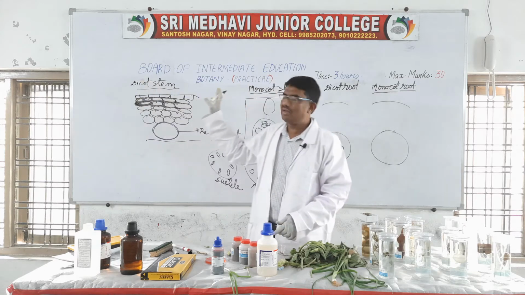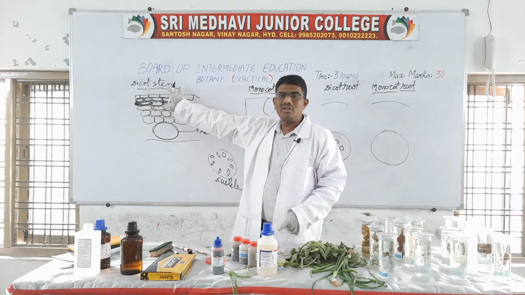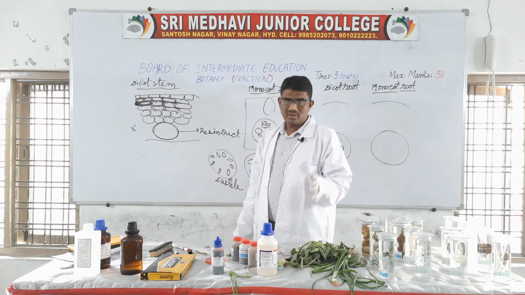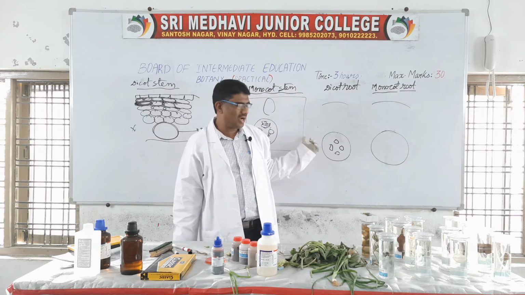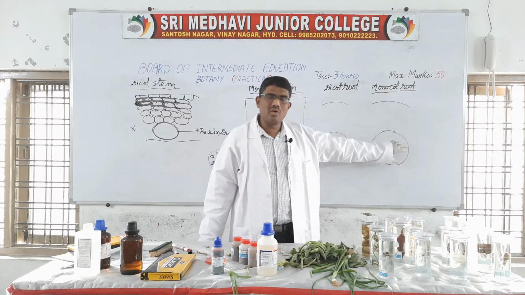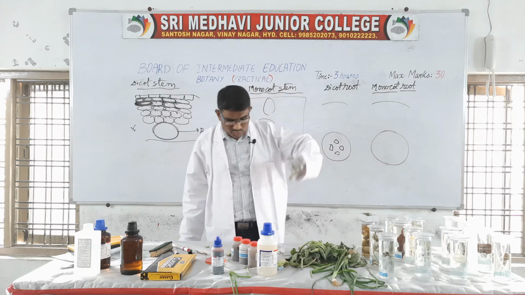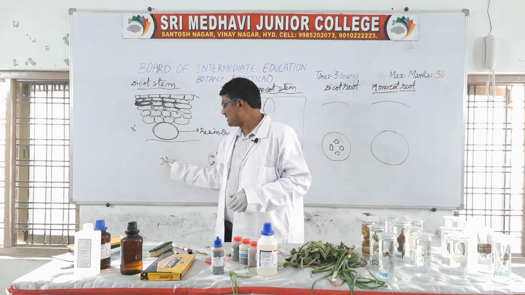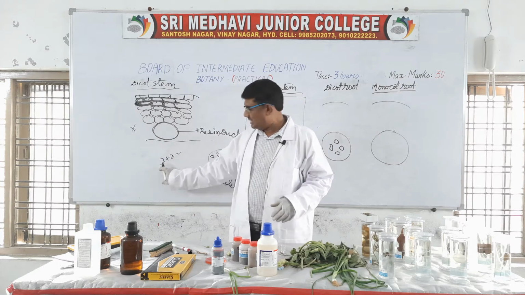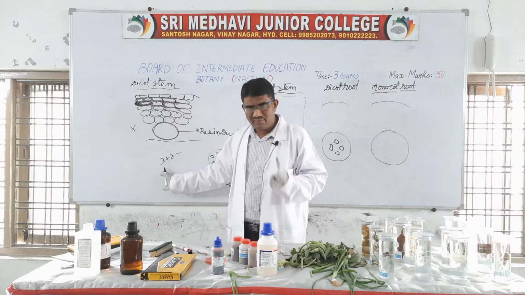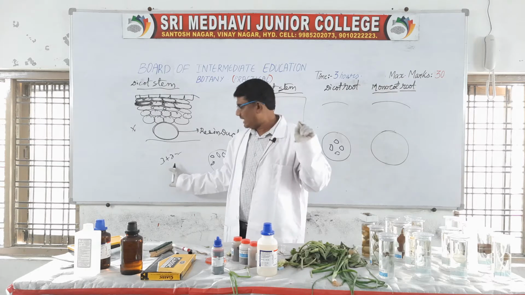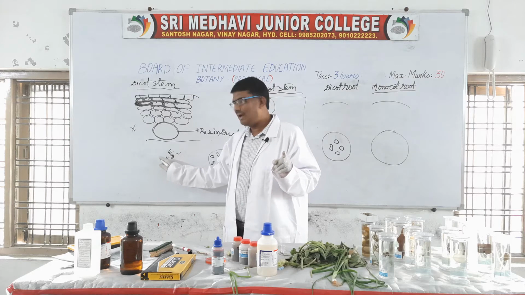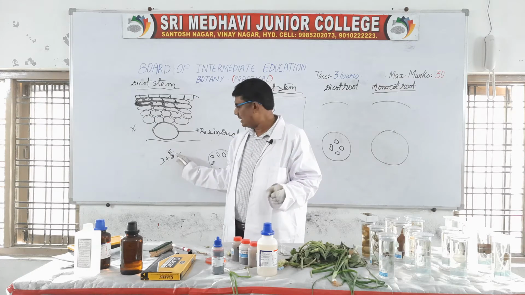For example, if a monocot stem is given and you draw a dicot stem, the total 6 marks will be lost. When they give a dicot stem or dicot root and you draw a monocot root, that is also wrong. Doing the experiment is 3 marks, and the answer script, with diagram and identification, is another 3 marks, so 3 plus 3, total 6 marks.